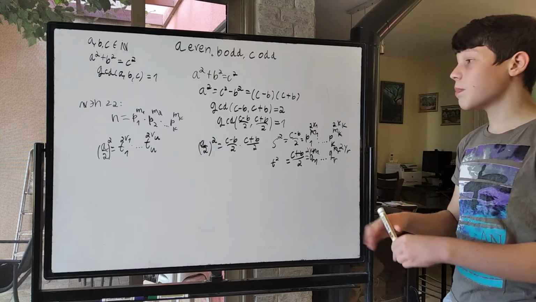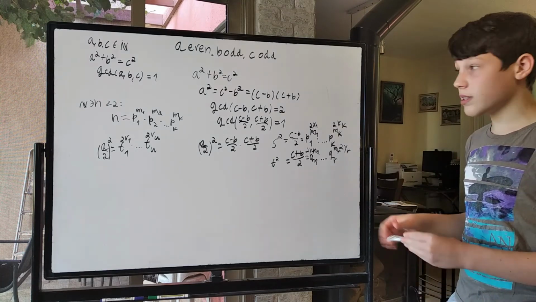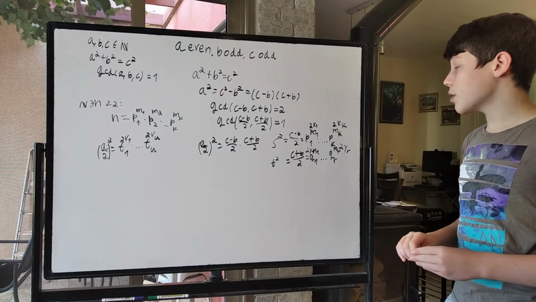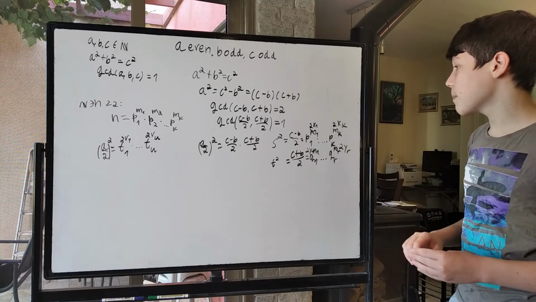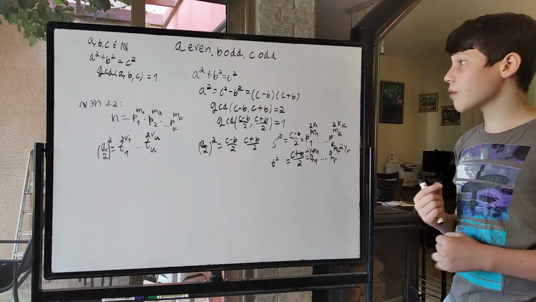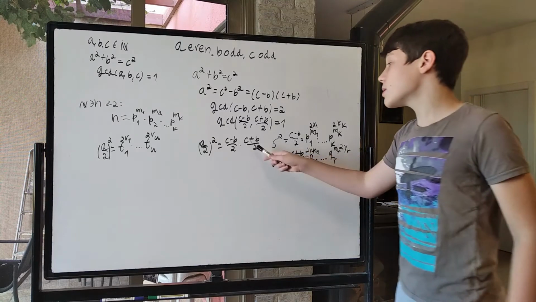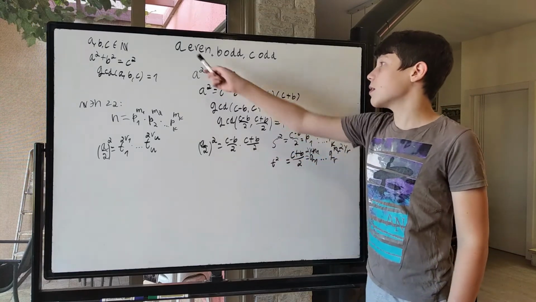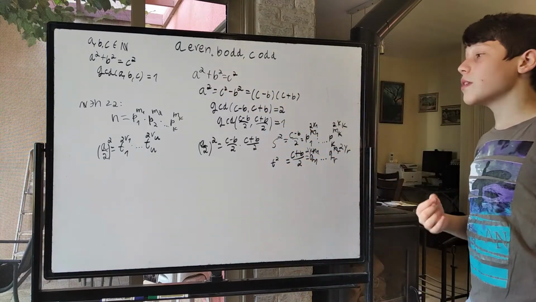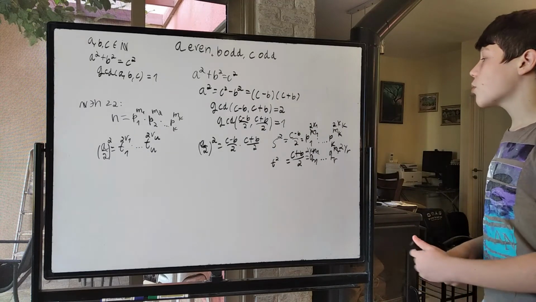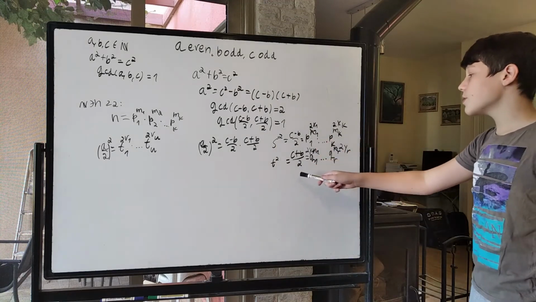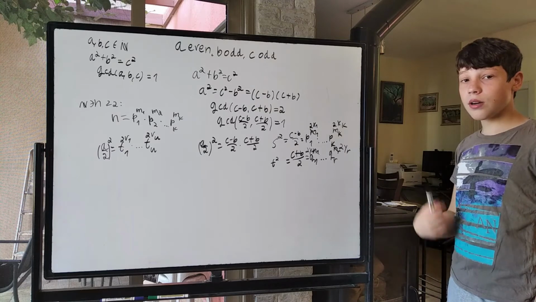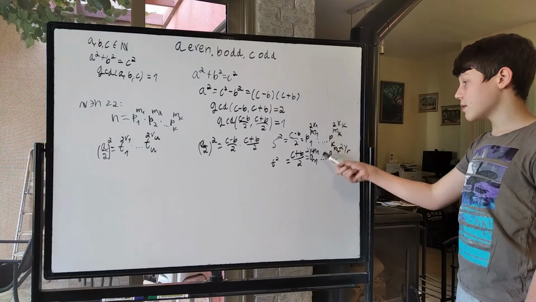This is the hardest part to understand from this proof, so I'll quickly reiterate it. From the fundamental theorem of arithmetic, first of all, because these are natural numbers, we can write (c minus b)/2 and (c plus b)/2 as a product of powers of primes, like this.